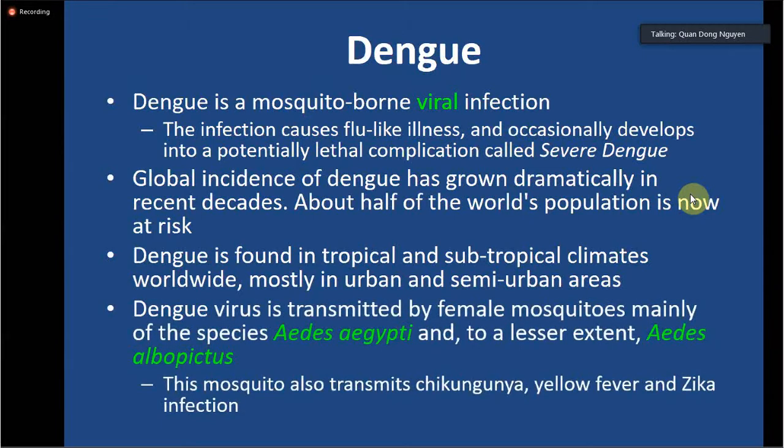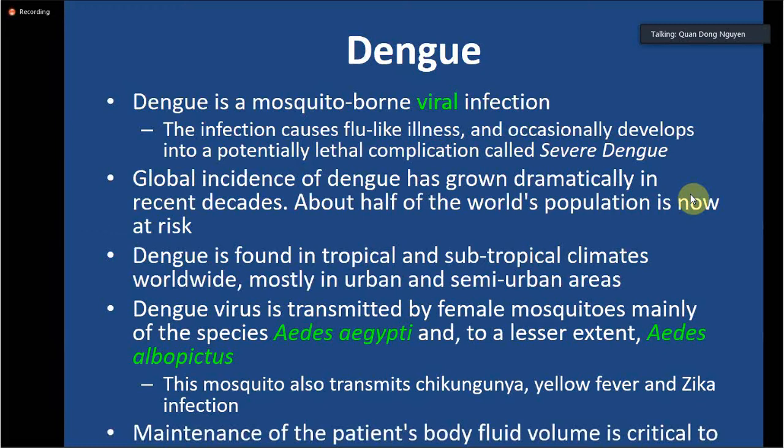It's transmitted by a mosquito. That's what I learned when I was searching about this case. The mosquito is mainly of the species Aedes aegypti, and this mosquito also transmits yellow fever and Zika infections as well.